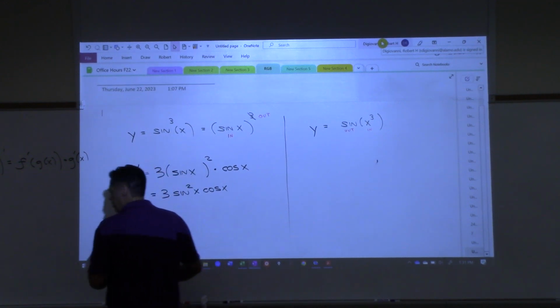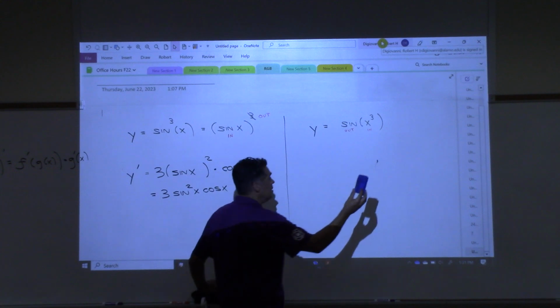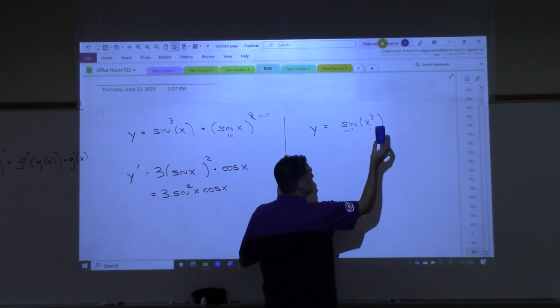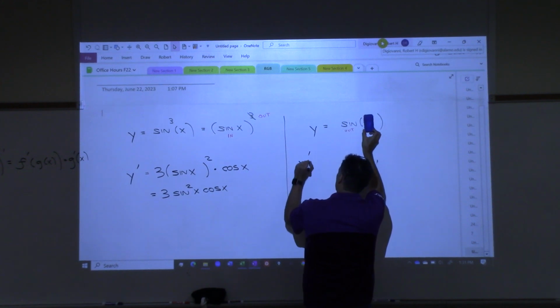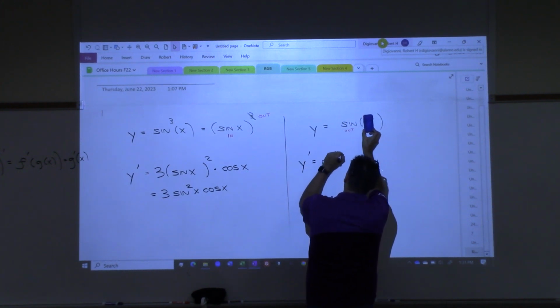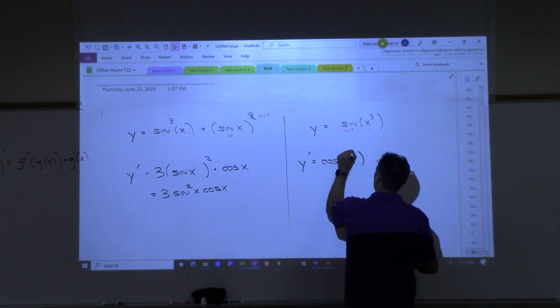So do you always do the outer first? Always outer first. Yes, always the outer first. Oh, there is an eraser right here. I'm going to cover up the inner function, right? That's an eraser. What's the derivative of sine of an eraser? Cosine of an eraser. Now, what was the eraser? X cubed. Okay, good. You want to keep going?